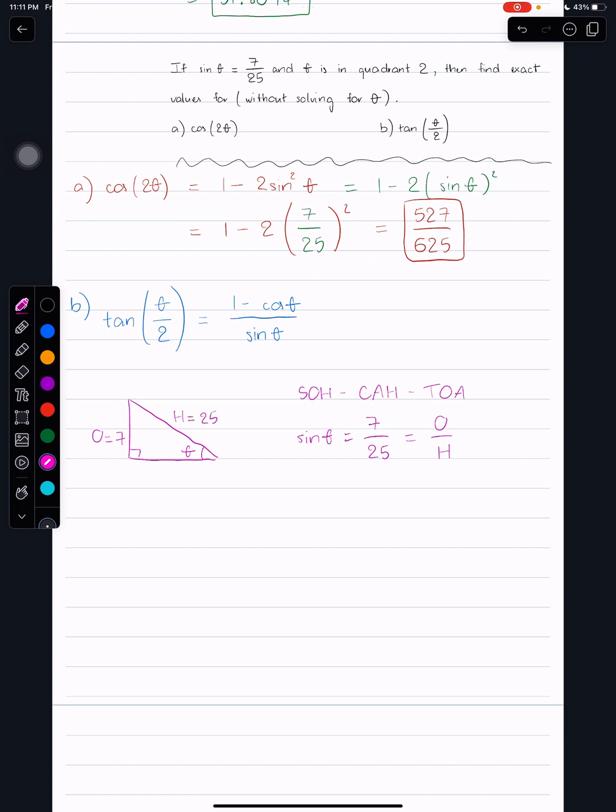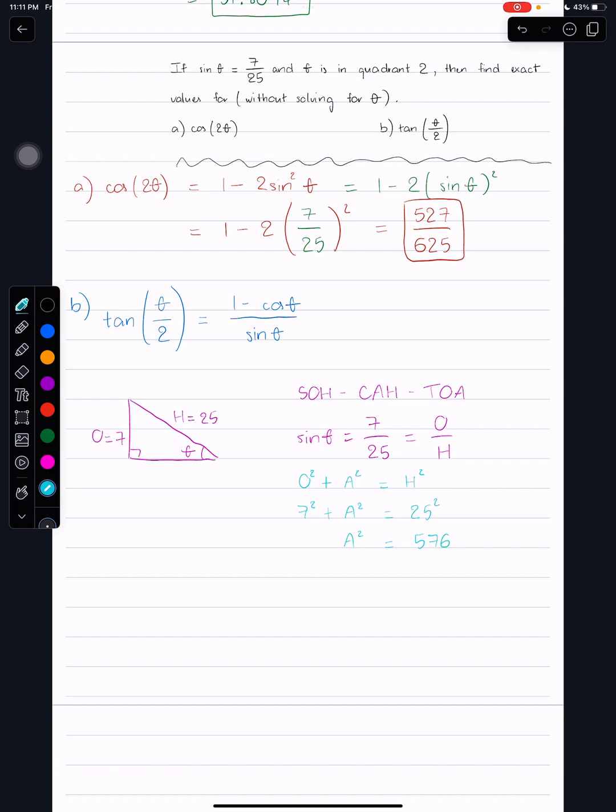So our job is to find the adjacent side, okay? In order to do that, we can do O squared for opposite squared plus A squared, adjacent squared, equals hypotenuse squared. We're going to plug in the numbers, and we're looking for the value of A, the adjacent side. Fast forward, you're going to get A squared equals 25 squared minus 7 squared, and that would be 576.